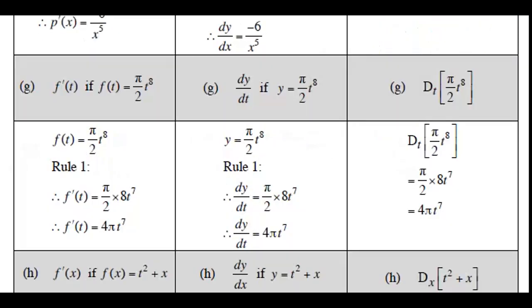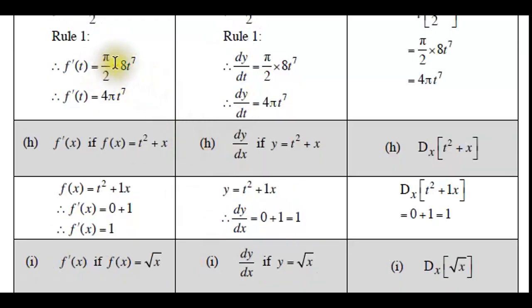Going to the next one, we have f prime t. So they're saying derivatives in terms of t. F of t is what is given. So f of t is equal to pi over 2 t to the 8. We're going to take the 8 and put it in front, and subtract 1 from the exponent.